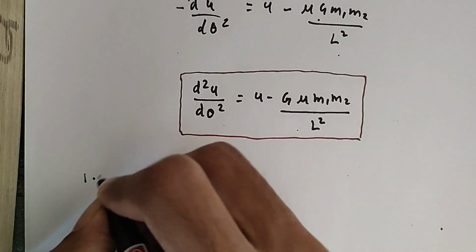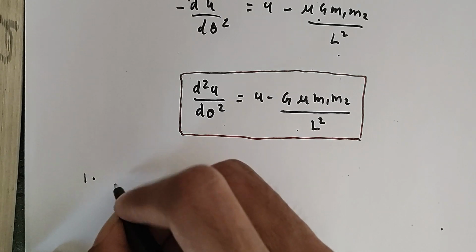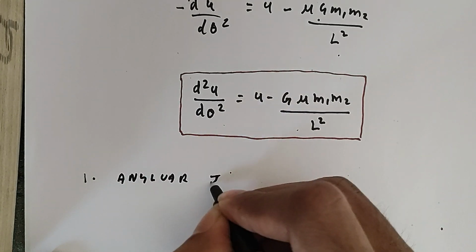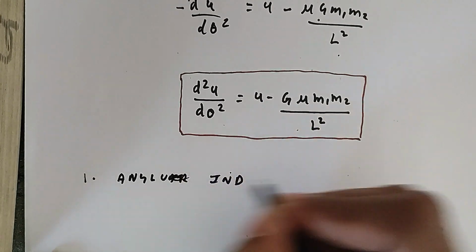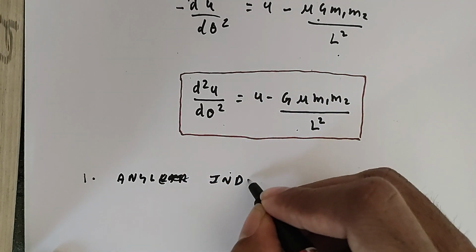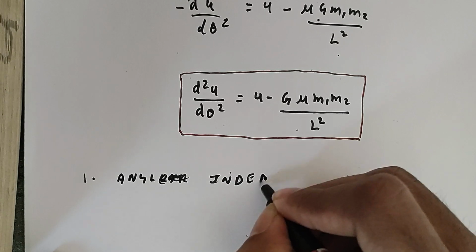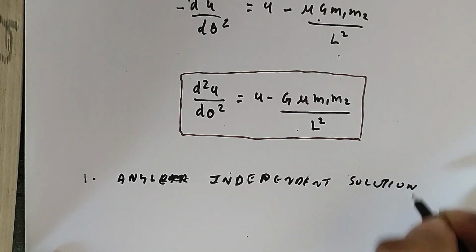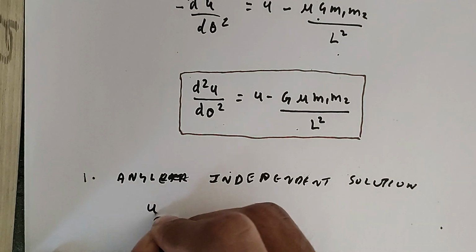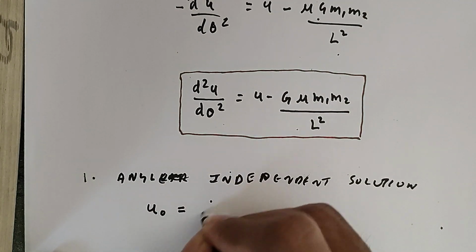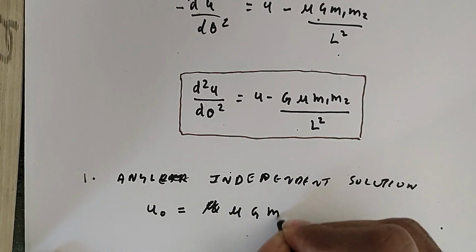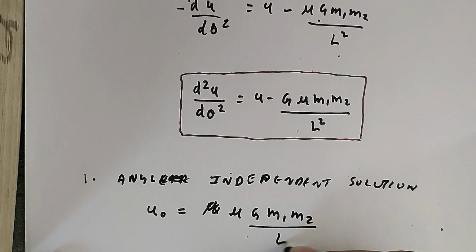One is the angle independent solution, which is u naught equal to mu g m1 m2 upon L square.